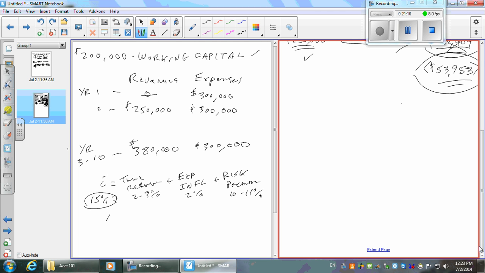And usually when they give you working capital, they won't tell you to get it back at the end. You think you get working capital back at the end? The cash in the bank, you get it back at the end? Sure. Otherwise, you lost it. You're accounting for the net loss, and net profit.